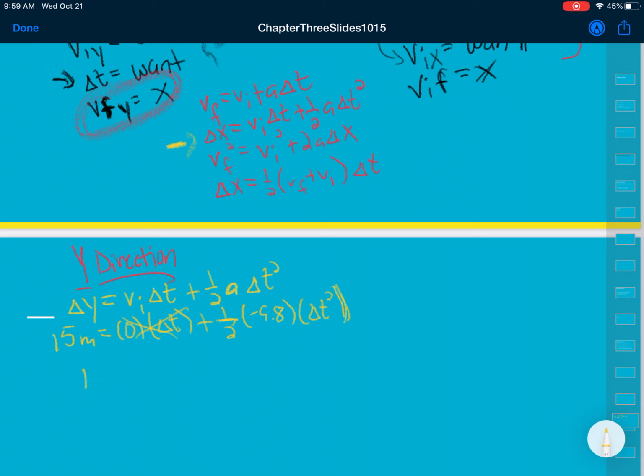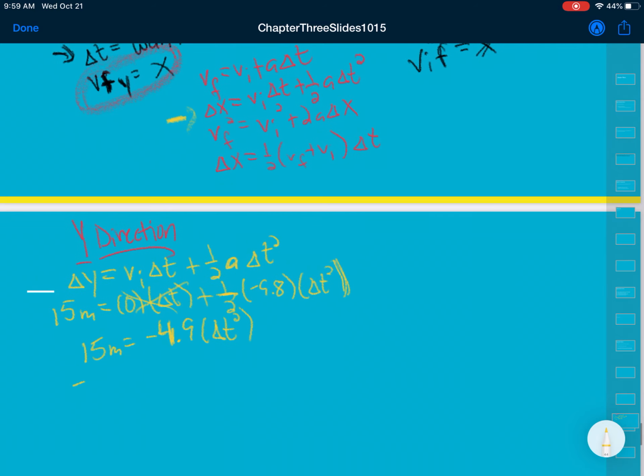So I'm going to come down here. 15 meters equals 1/2 times negative 9.8, which is negative 4.9, times delta T squared. If I take 15 divided by negative 4.9, I will get 3.06.